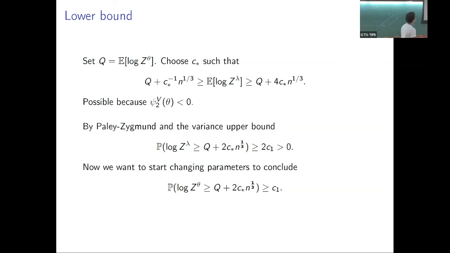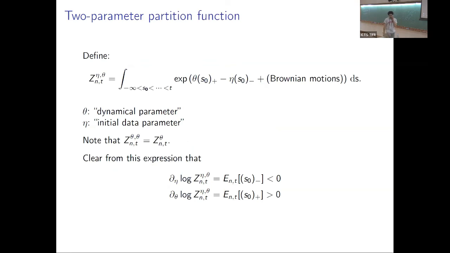And then by the Cayley-Zygmunt inequality, we see that log of z lambda, as opposed to log of z theta, can easily see deviations of this order, upper deviations above the expectation of log of z theta. And so now we want to change the parameters back down from lambda to theta, and show that we only lose a factor of one half.